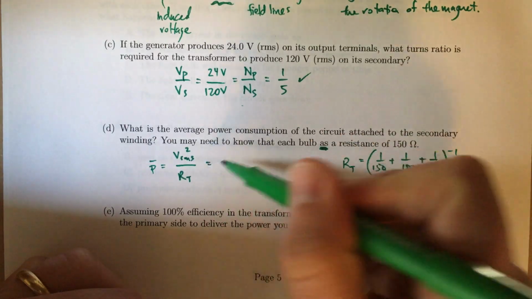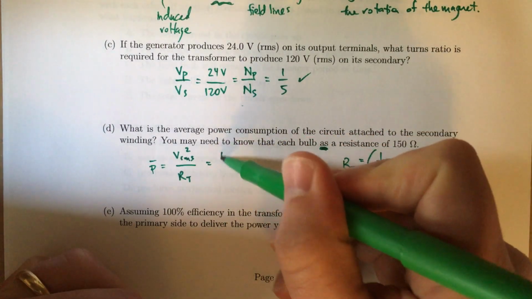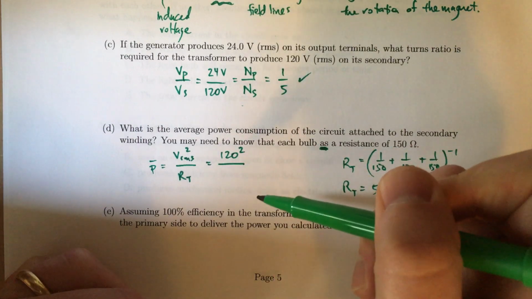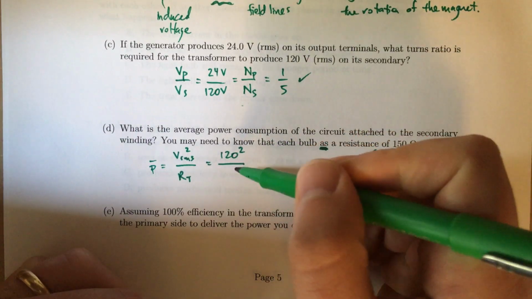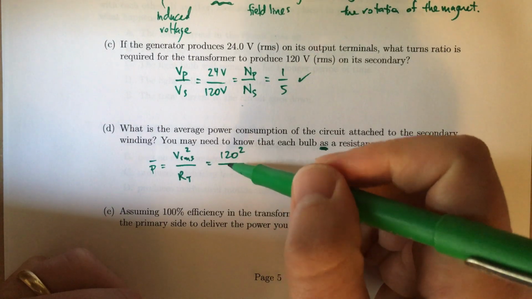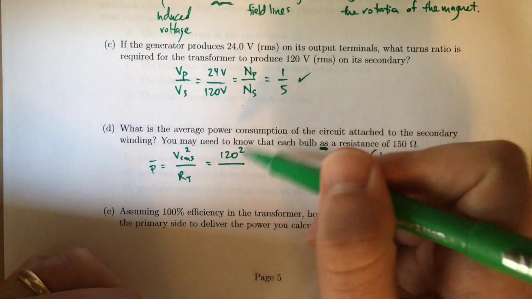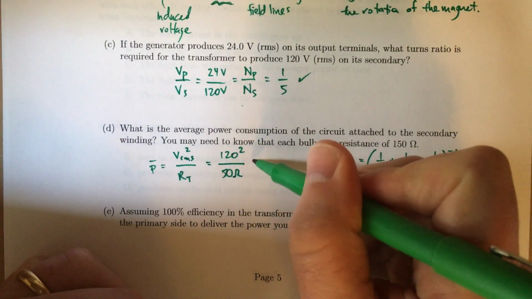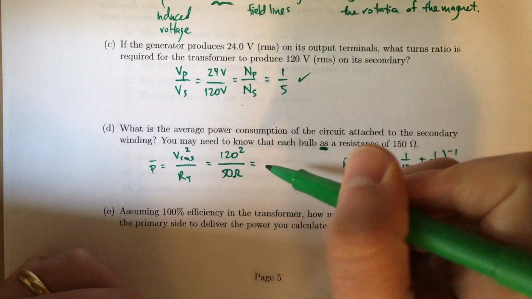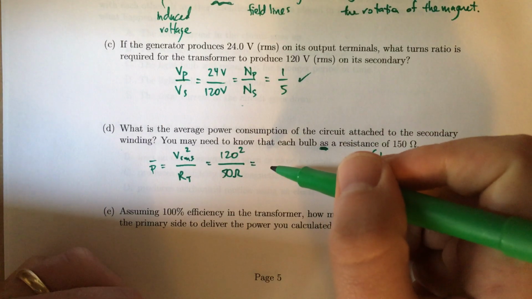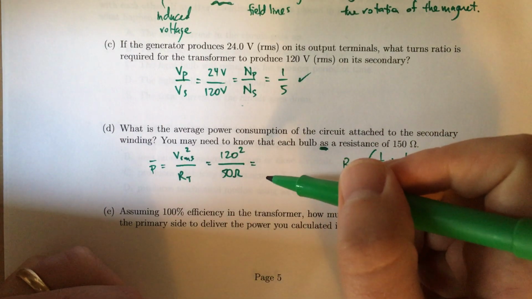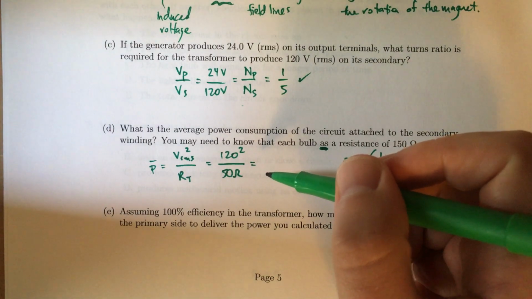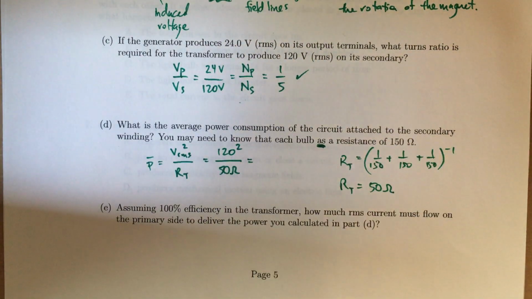So here we've got 120 volts squared, because that's what shows up on the secondary winding of the transformer according to part C. And then we get our total resistance, and we divide one by the other, and we get something in the neighborhood of 280 watts. Let's double check that.